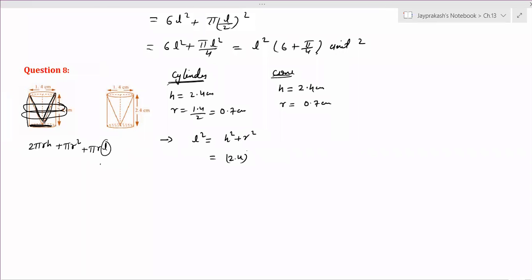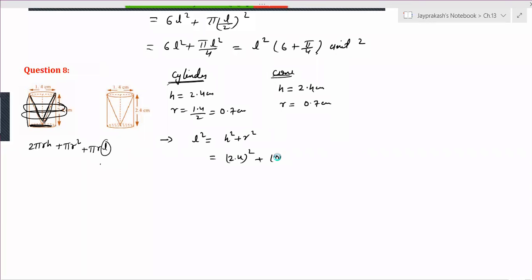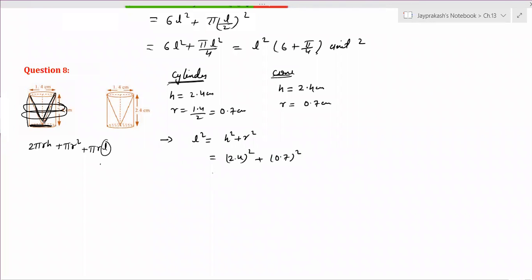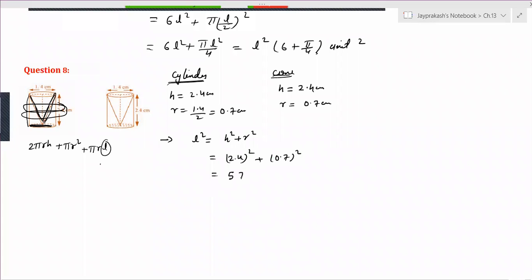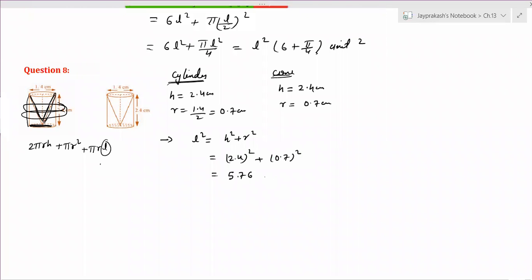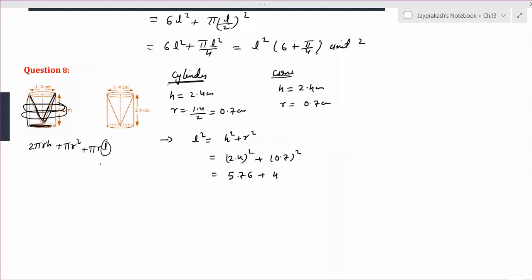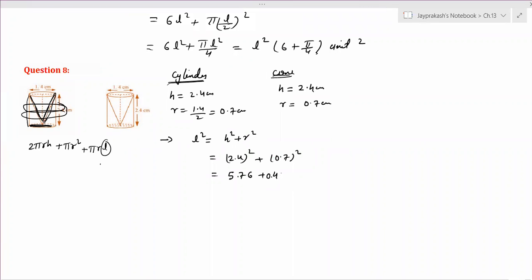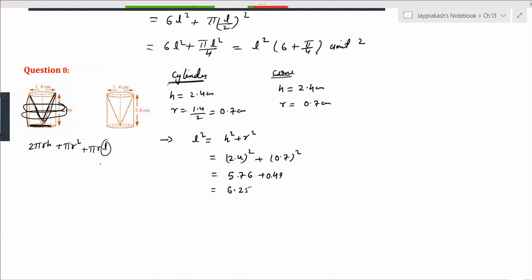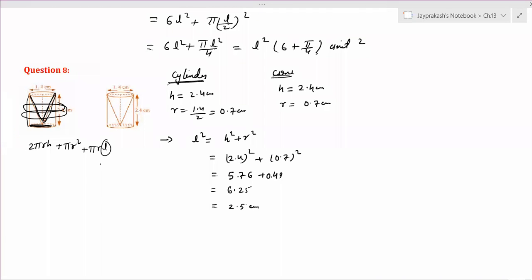Yes, sir, 2.5. So we have L as 2.5 centimeter.